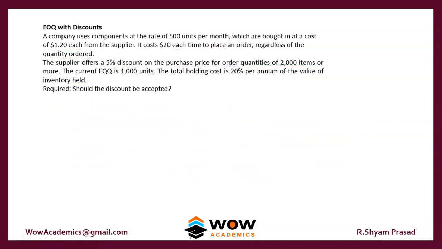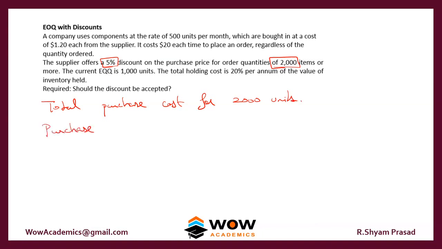So we will find out what is the total purchase cost for getting the discount. Only if we purchase 2000 units, we'll get the discount of 5%. So we have to find out what's the cost of purchasing 2000 units. We'll start with the purchase cost.